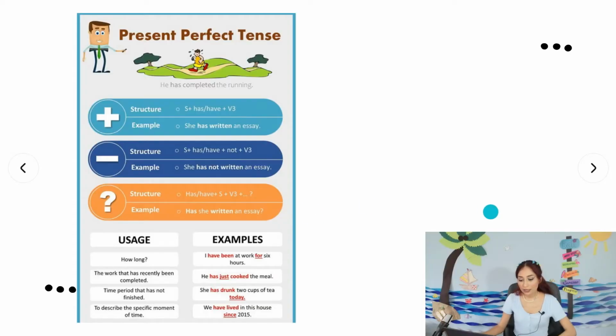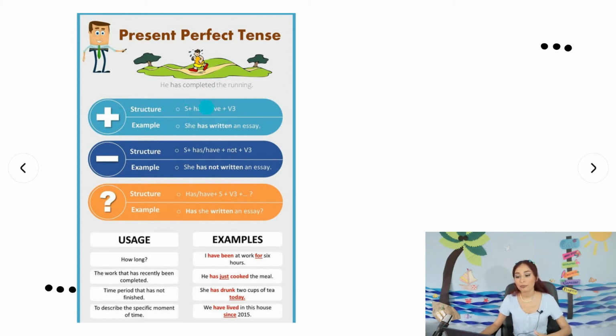Most of the time we use it when we don't want to mention when something happened, or we don't want people to know when it happened, or we just don't know when it happened.